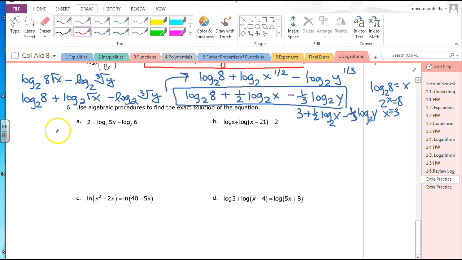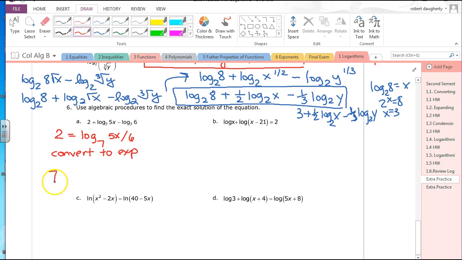So if I can write this as 2 equal log base 7 of 5x over 6. Now I've got the log of something equal an expression. Log on one side. The way I solve this is I convert to exponential form.